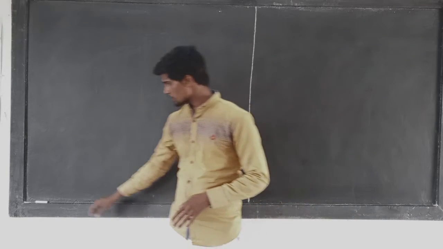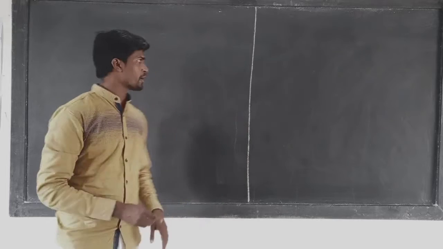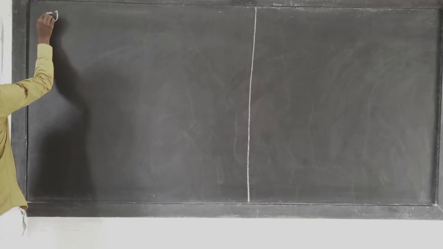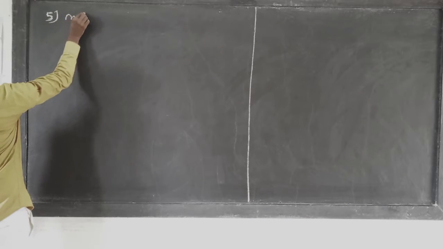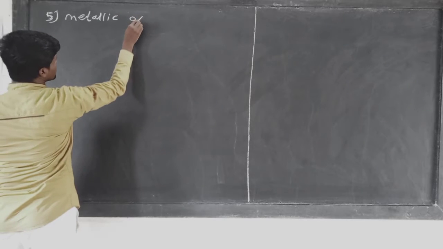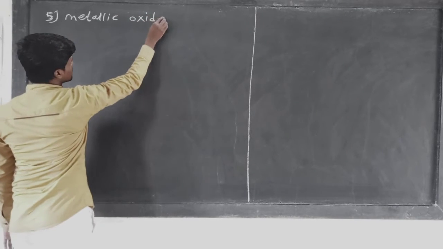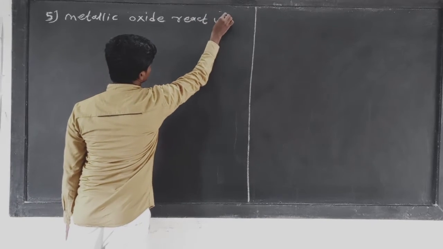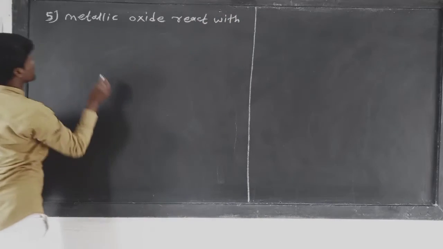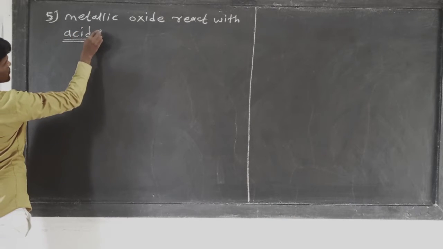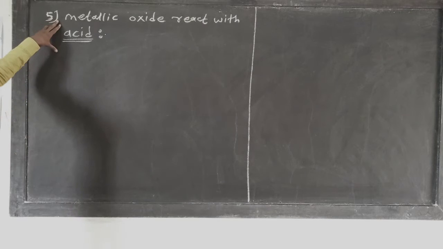Today see the next point, point number 5, metallic oxide reacted with acid. So first we know what is meant by metallic oxide.